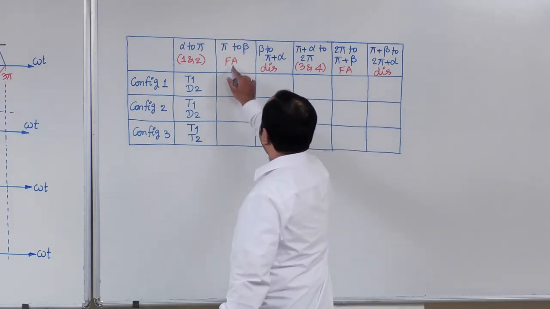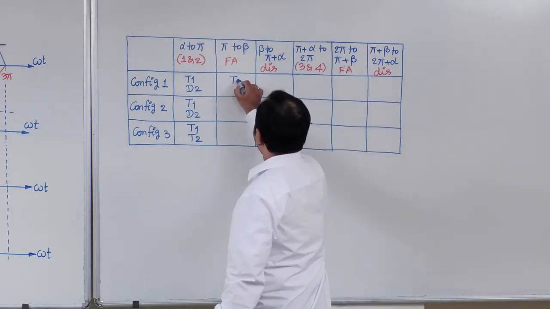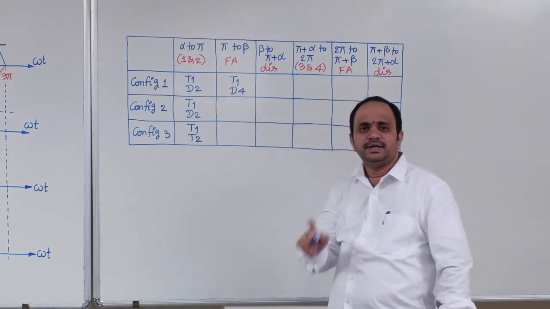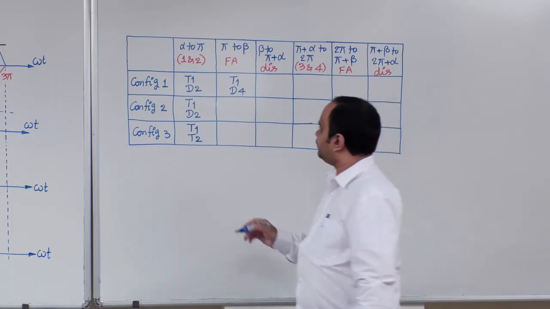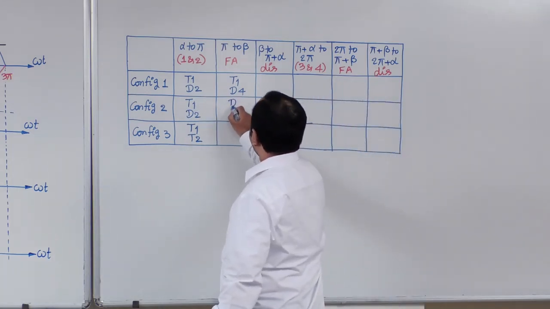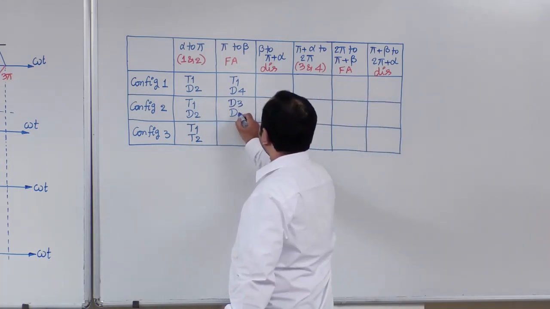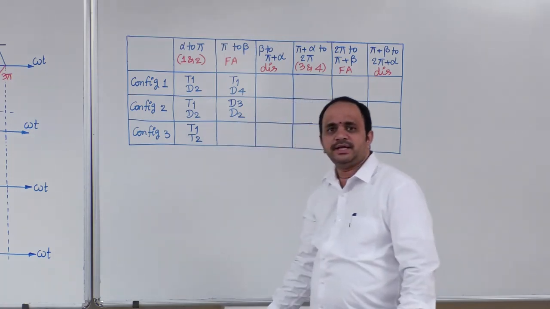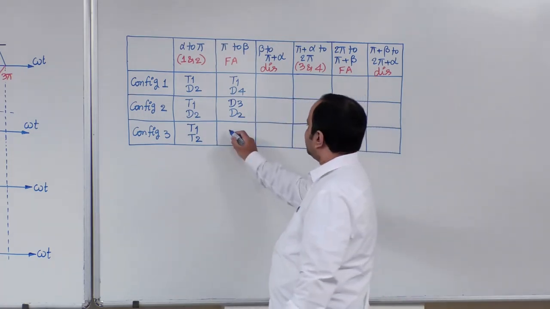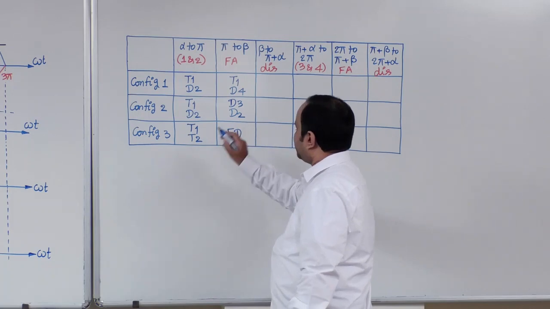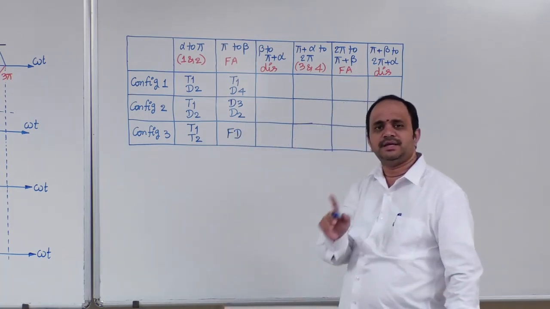Now coming to freewheeling action, in the first configuration, that freewheeling action can be provided by T1 and D4. In the second configuration, that freewheeling action was provided by D3 and D2. In the third circuit, that freewheeling action can be provided by FD.